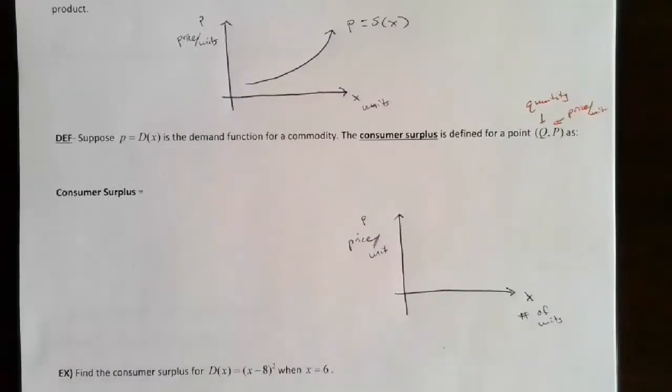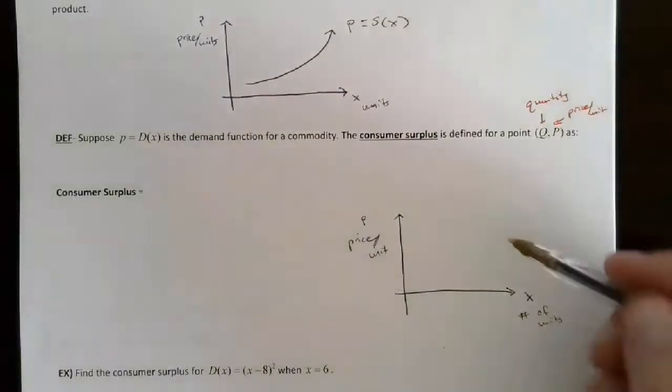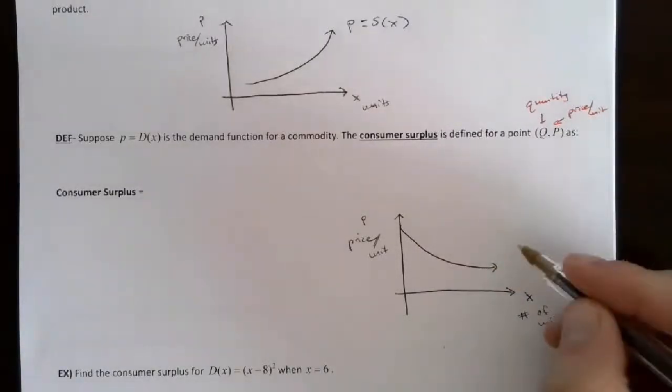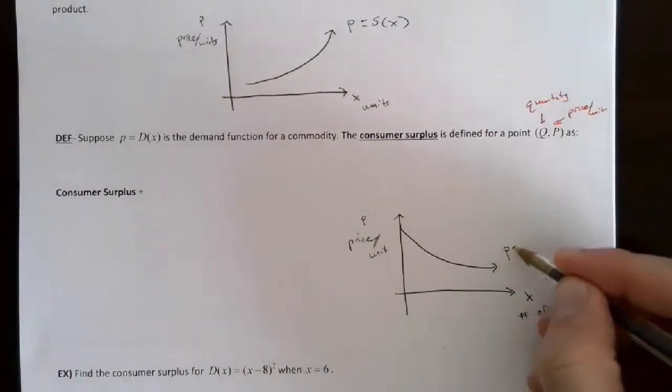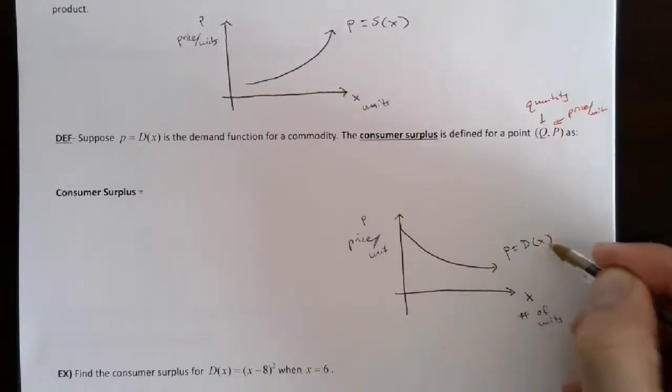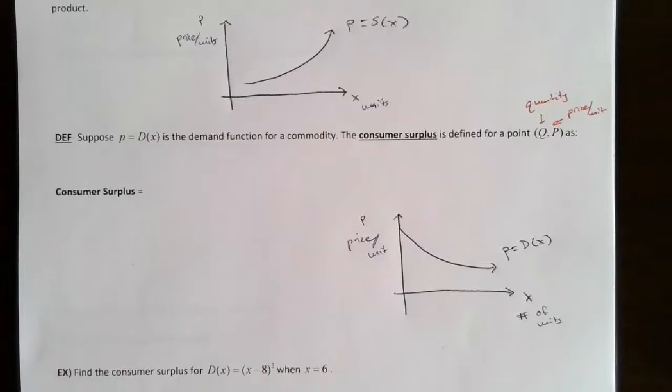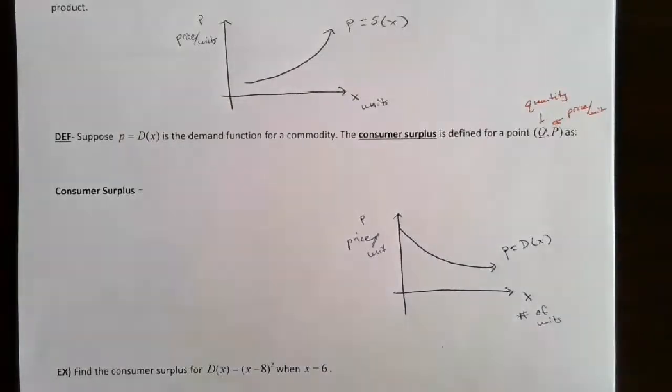On this curve, it's some sort of function, and we'll call this P equals D of X. That's what they're talking about. This demand function is about the consumer.